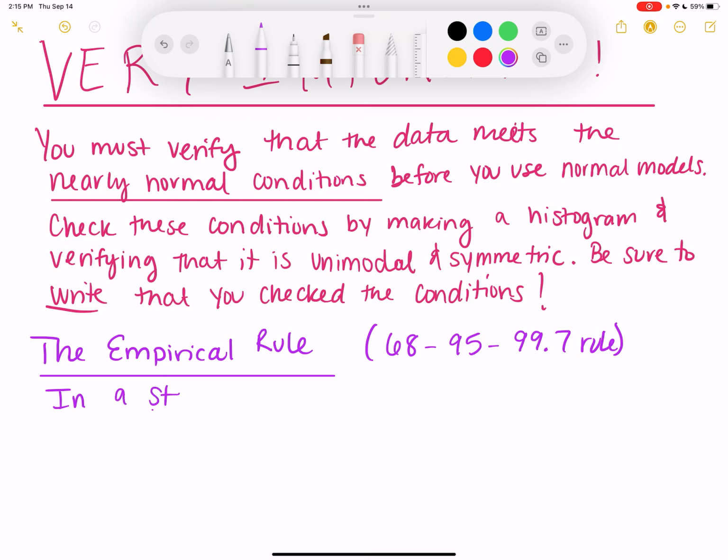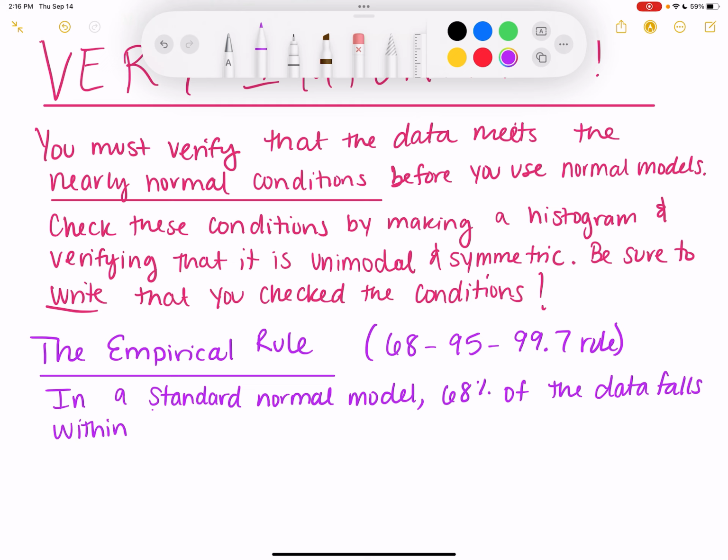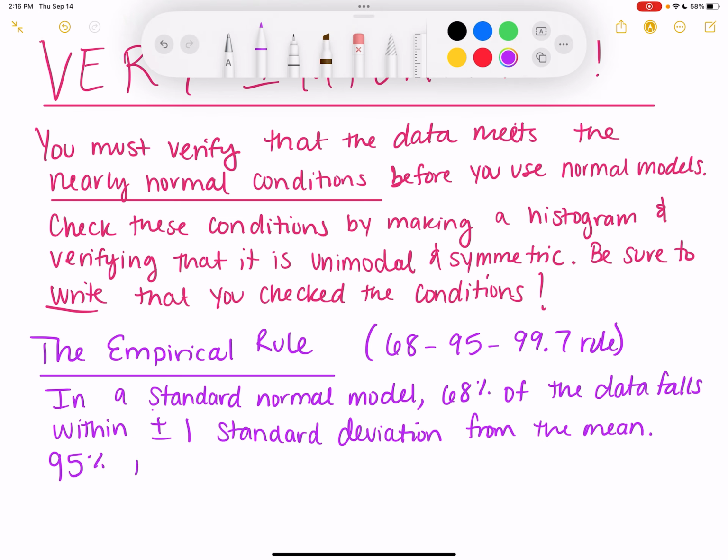In a standard normal model, 68% of the data falls within plus or minus 1 standard deviation from the mean. 95% is within plus or minus 2 standard deviations.